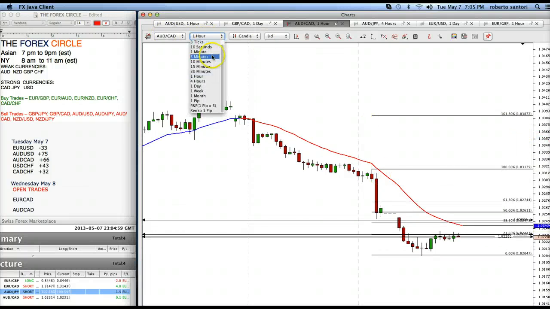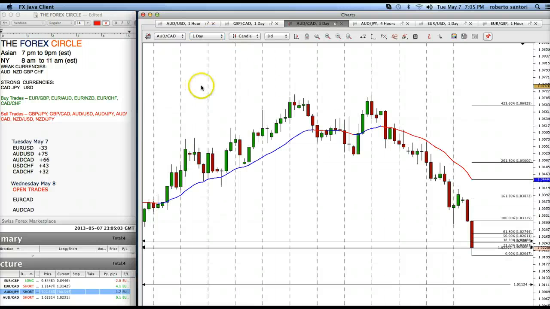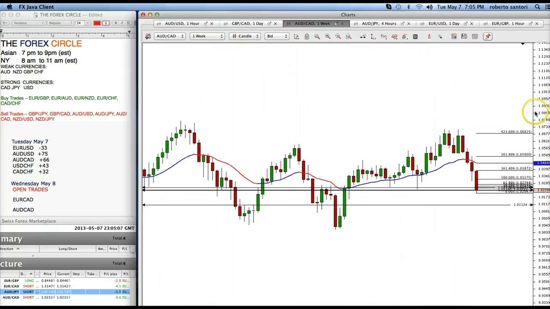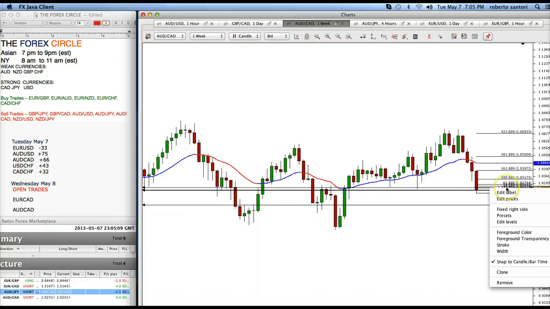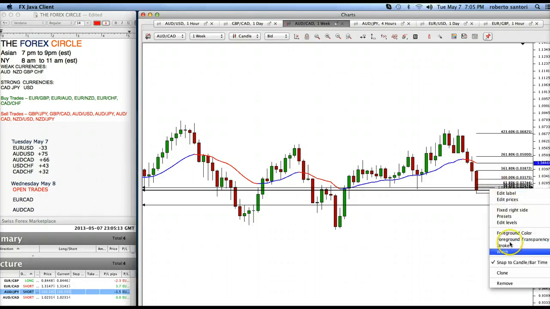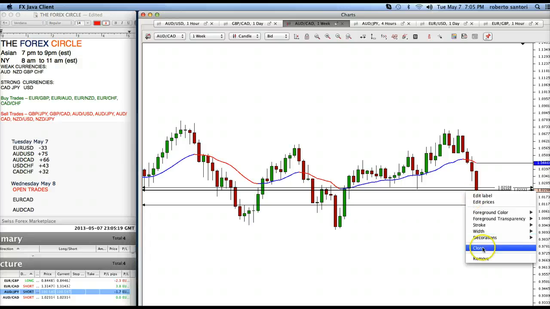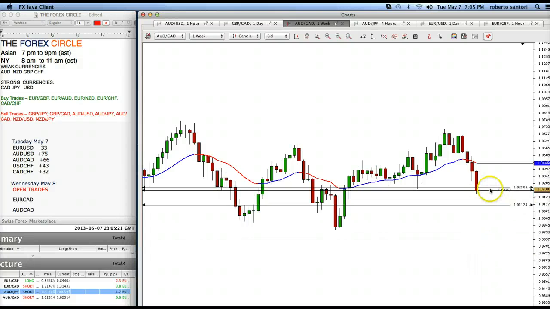Still continuing in a downtrend. 4 hour chart, we're in a downtrend. Daily chart, we're in a downtrend. Let's look at the weekly chart. Also in a downtrend. Okay, so any rallies we would be looking to sell. Just remove these trend lines and pivot point, or rather fib levels.